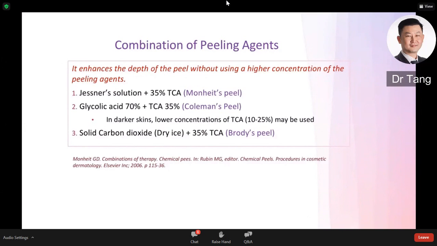In darker skin, this common peel can use a lower concentration of trichloroacetic acid, consisting of 10 to 25%. And Brody peel will be a combination of solid carbon dioxide dry ice with 35% trichloroacetic acid.